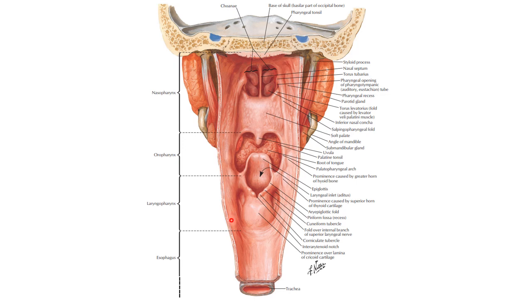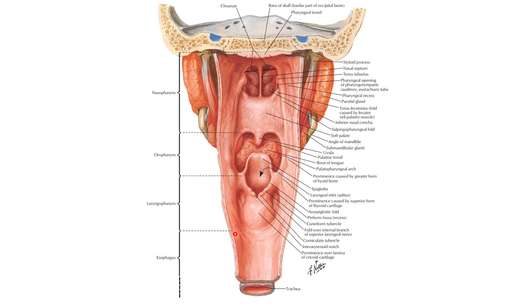Next, you have here the epiglottis. And whenever you swallow food, the epiglottis would fold over the aditus or the laryngeal inlet so that food will not reach the airway. And the pharynx, again, will continue inferiorly as the esophagus.